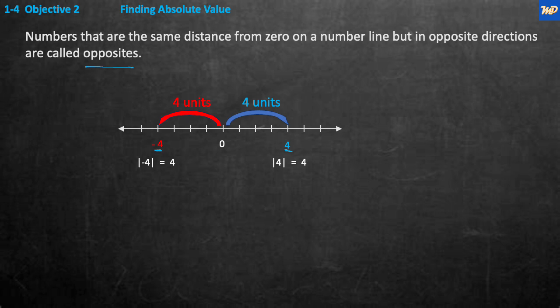One is 4 units above, 1, 2, 3, 4, and the other is 1, 2, 3, 4 units below. So the number is 4, but they're opposites. This is -4, and the +4 is up here.